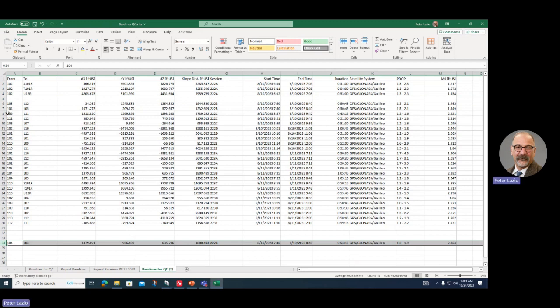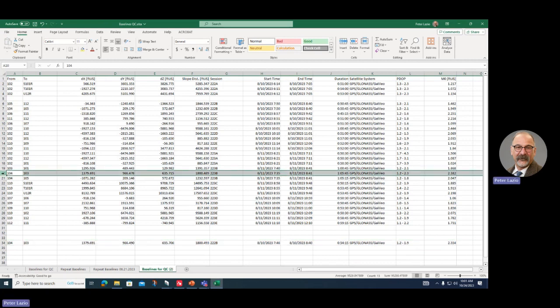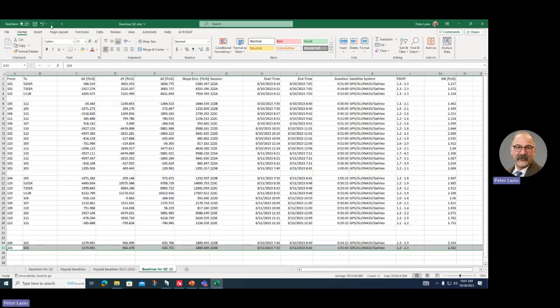I'll look for my next 104 to 103 when it's repeated, right over here. I cut and paste rather than copy and paste. When this is empty up here, then I know I've used everything I have. I'll just keep doing that.